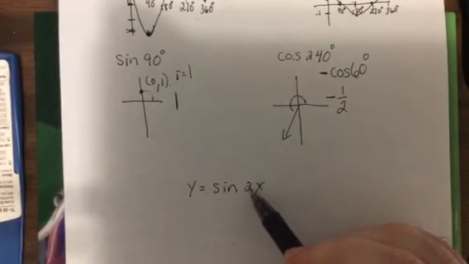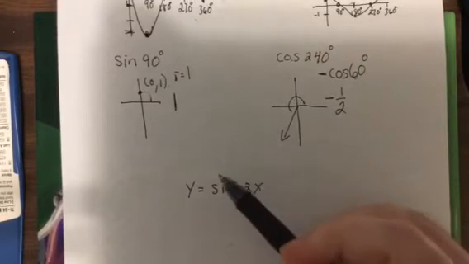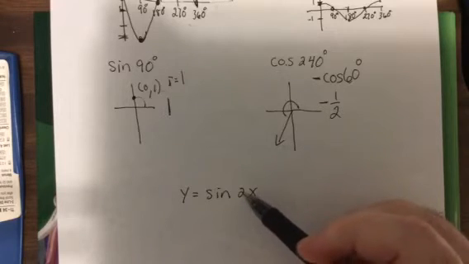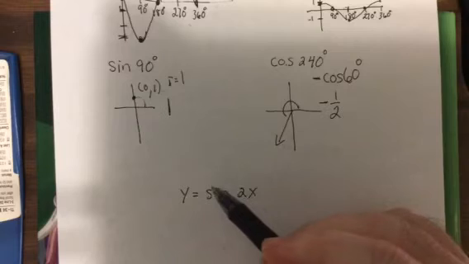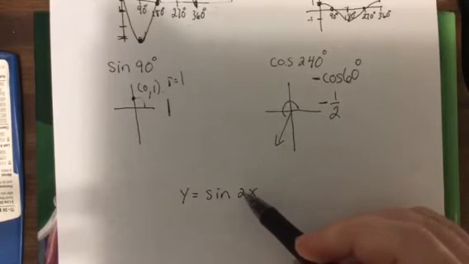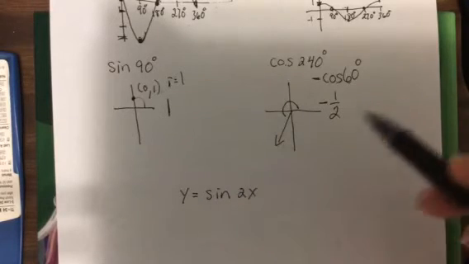This one actually says how many hills and valleys do you want, or a cycle, or period it's called. Period is how long does it take till something repeats. Do you want between the 0 and 360? That's really what that says. So this 2 says I want 2 complete hills and valleys.